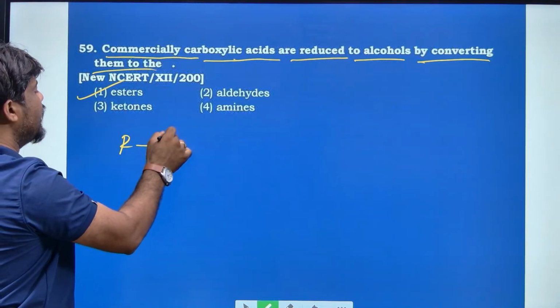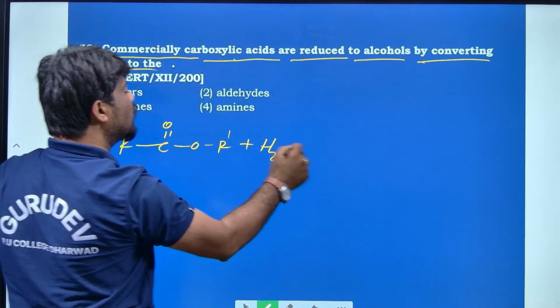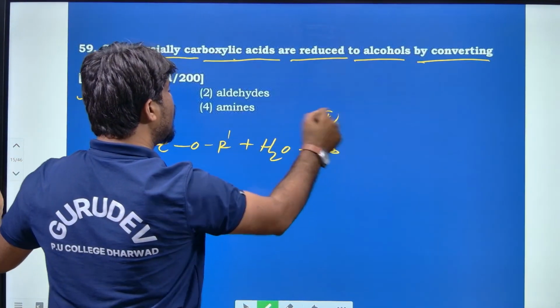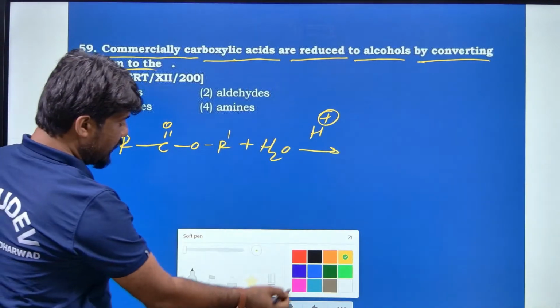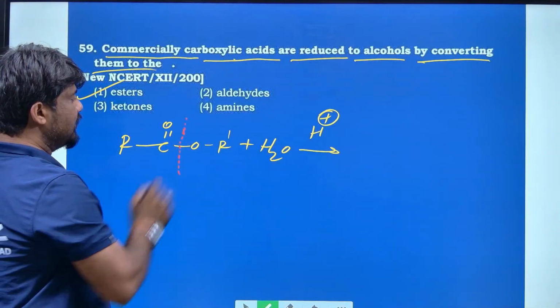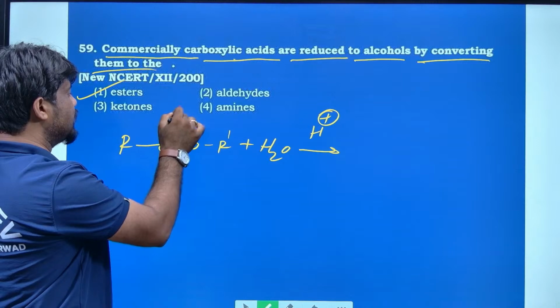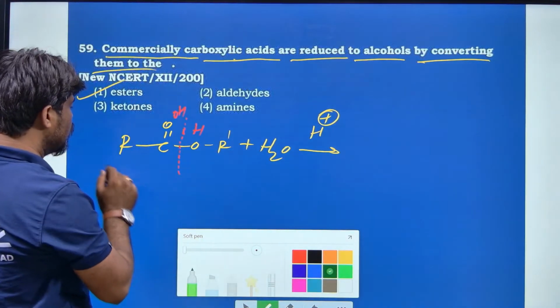Because when esters undergo acid hydrolysis, the bond breaks down. Then H is added to this side and OH is added to this side.